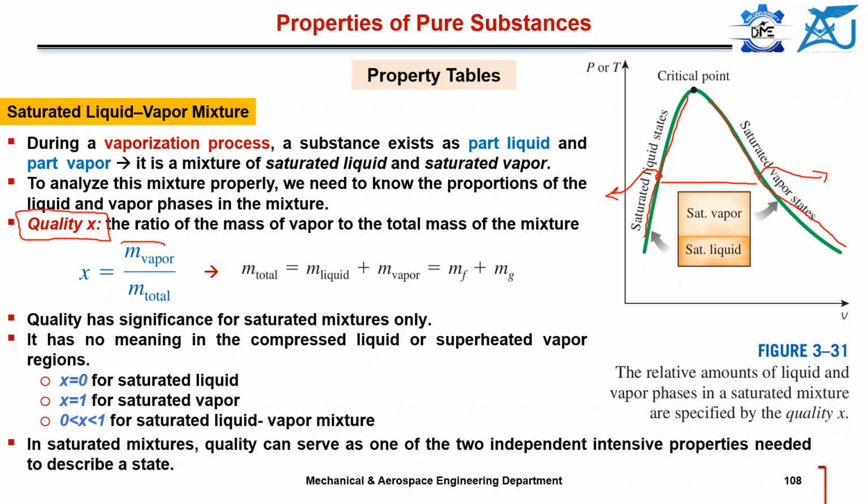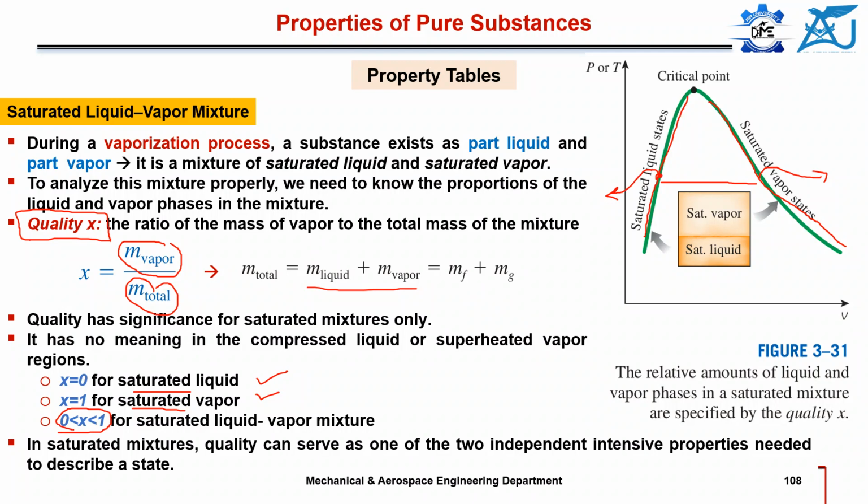It is the ratio of mass of vapor to the total mass of the liquid vapor mixture. We had defined quality for saturated liquid to be 0. For saturated vapor, this quality is 1, and for the mixture, it is somewhere between 0 and 1. All of this has been clarified in the last lecture.